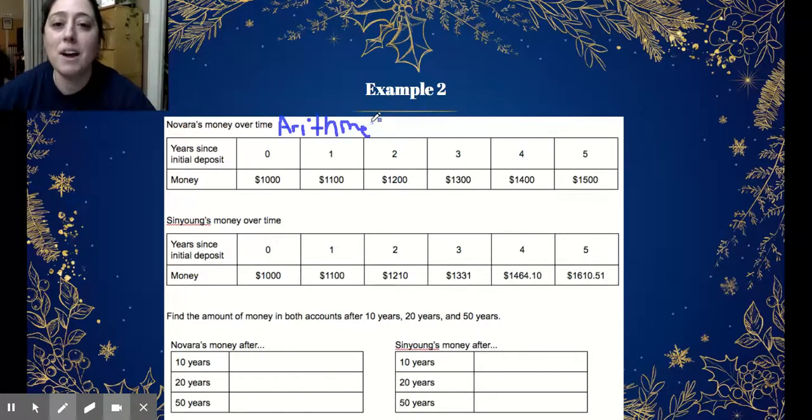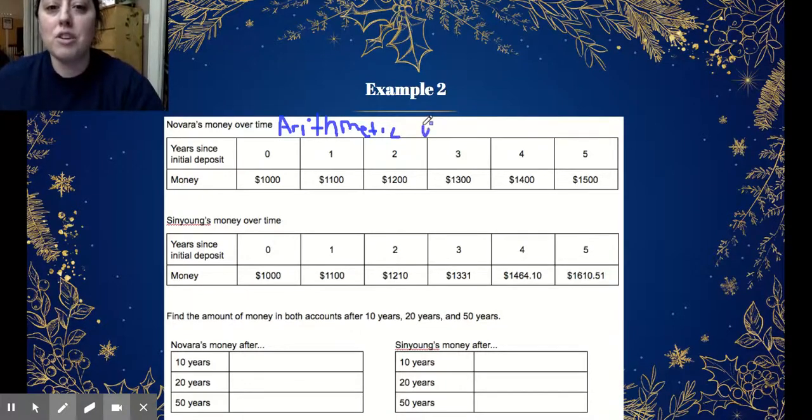We're not going to go over this too much, but if you want to do the equation, you should get y equals 1,000 plus 100x.